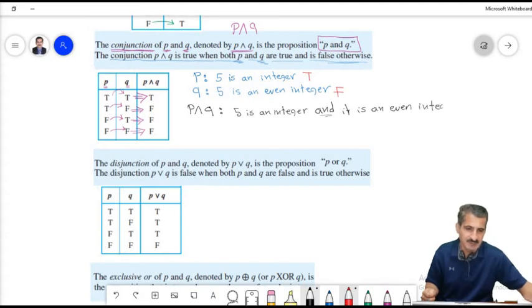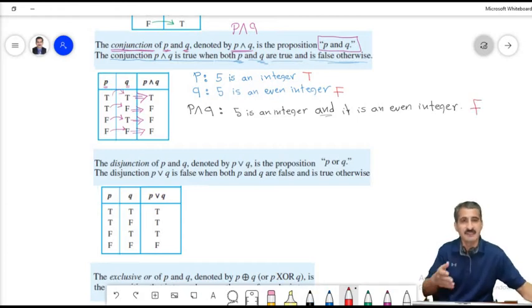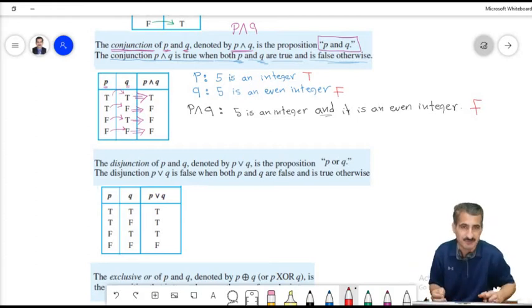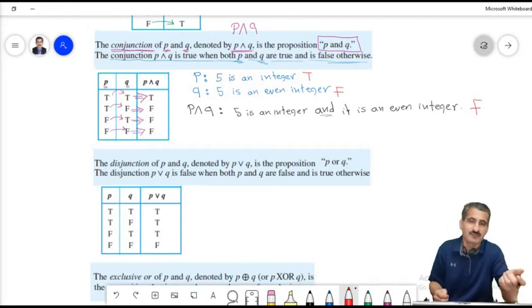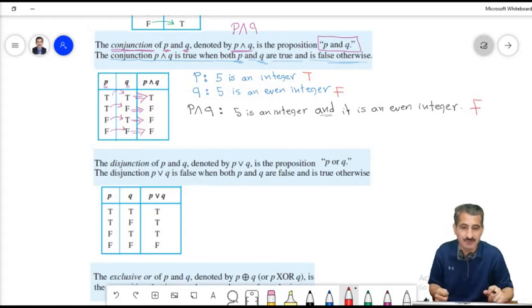So is that whole statement true? The whole statement is false. 5 is an integer, this is true, and it is an even integer, this is false. So the whole statement becomes false. That's why true and false gives false, and false and true also gives false. And clearly false and false will give a false statement.